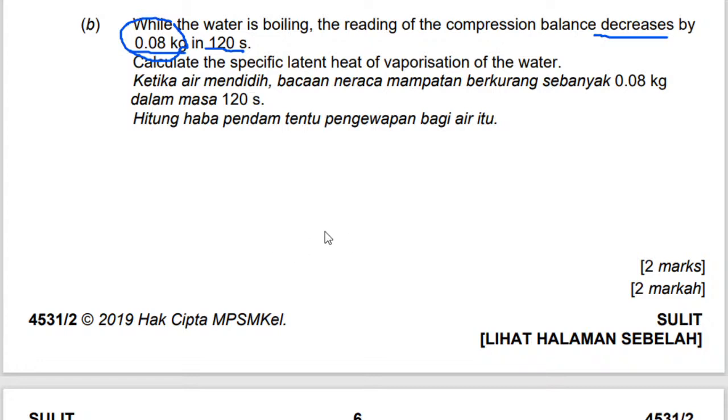Energy over mass. Yeah, correct, Vincent. So we are using that formula PT equals to ML. Okay, PT sama dengan ML. So PT here is actually Q lah. Okay, power times time kan. That one is Q, energy.